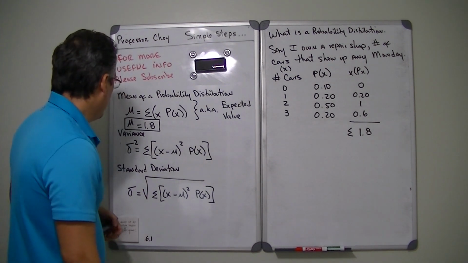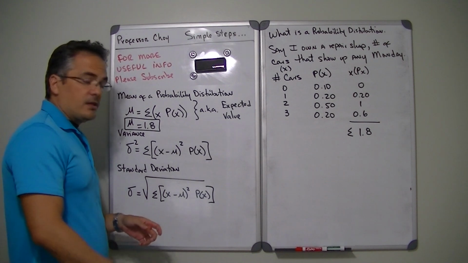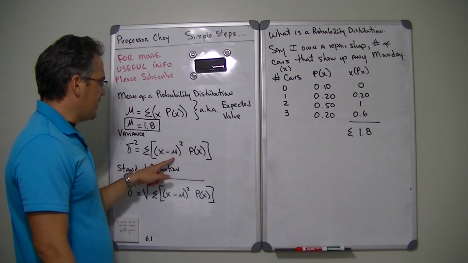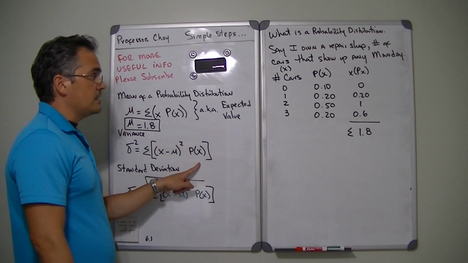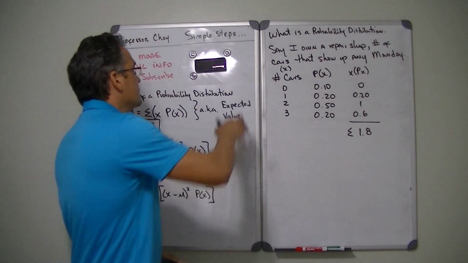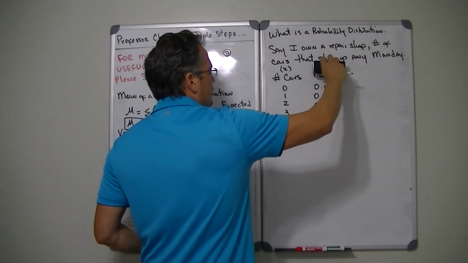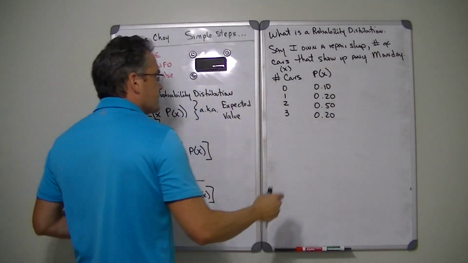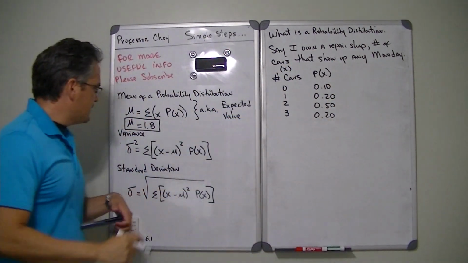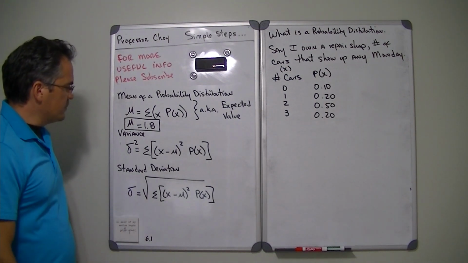Okay, so the variance says we got to do summation of (x minus mu) squared times p of x. Now the best way to do this is to create this little table. The first thing that we need on the table is x minus mu.